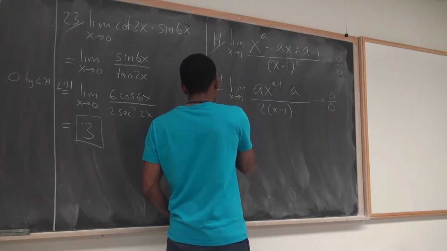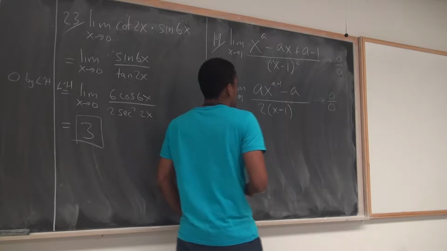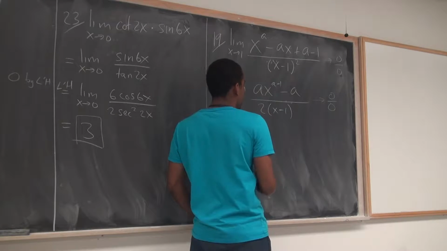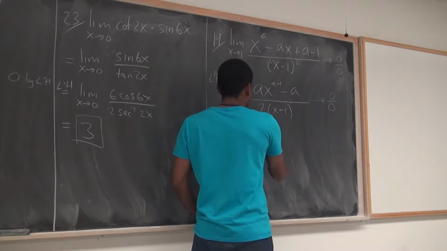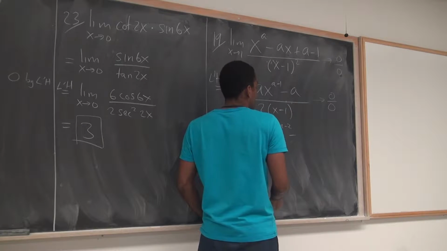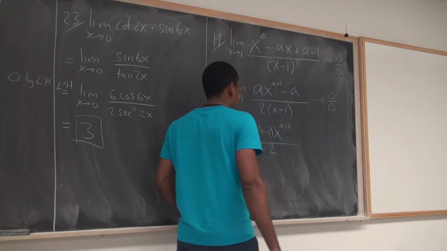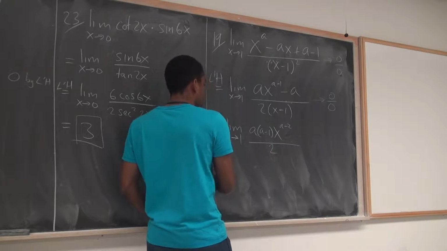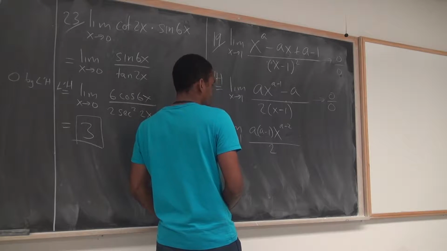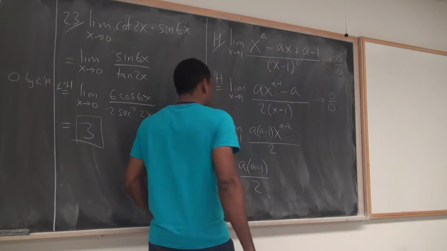So I'm going to apply L'Hopital's again. Derivative here, a squared minus a, which is a times a minus 1, x to the a minus 2, over 2. Now I can plug in x equals 1, so this just gives me a times a minus 1 over 2.